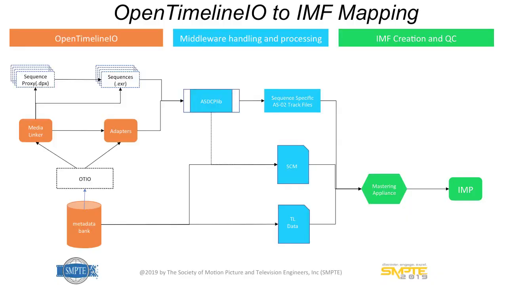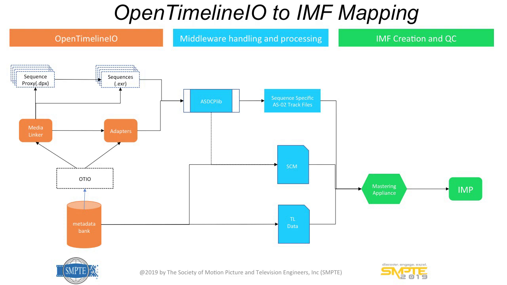Now this metadata has to be indexed and stored in a particular manner. How you do that is up to you. For the purpose of this example, we simply put it into a centralized metadata bank. This could also be integrated into a peripheral media asset management system of your choice if that's what you wanted to go forward with.